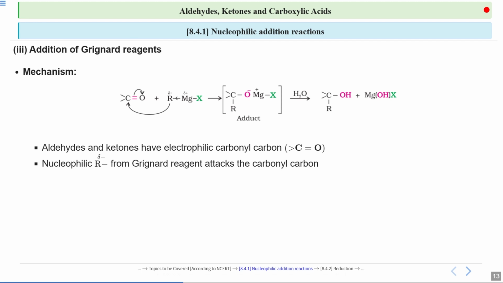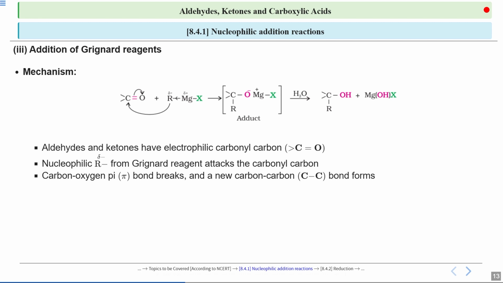We know that the RMgX bond is polar, so R gets a partial negative charge, and MgX, which is a metal with an electropositive nature, gets a partial positive charge. So where will this R attack? This R, which acts as a nucleophile, or a carbanion, reacts on the electrophilic carbon.